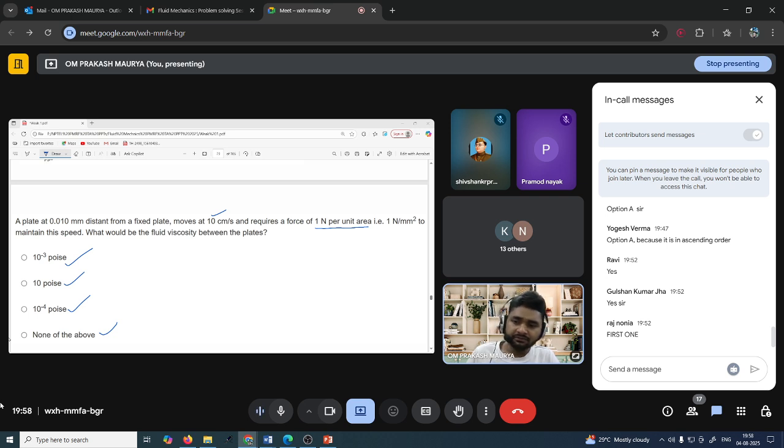Whatever you are getting, try to write your answer. The first option is 10 raised to minus 3, the second is 10 to the power 2, another is 10 raised to minus 4, and the last is none of the above.